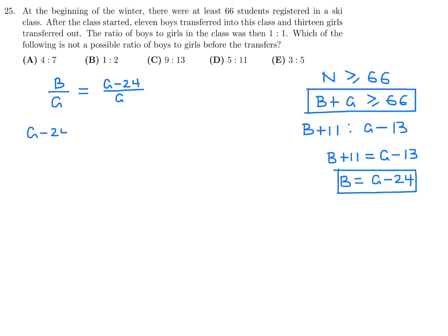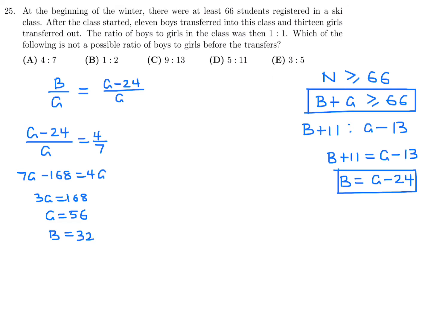If G minus 24 over G is 4 over 7, cross multiply, you get 7G minus 168 is 4G, and therefore 3G is equal to 168, and therefore G is equal to 56. Substitute that value for G back into here, and you get B is equal to 56 minus 24, which is 32.